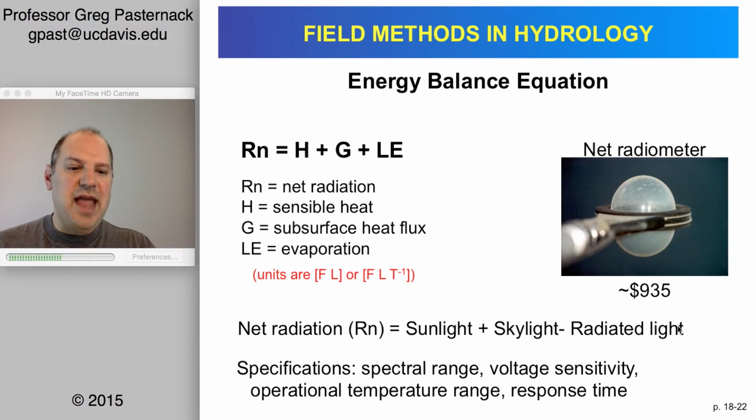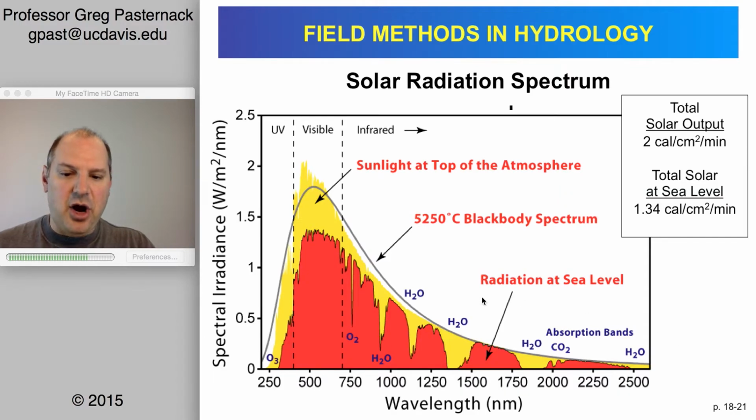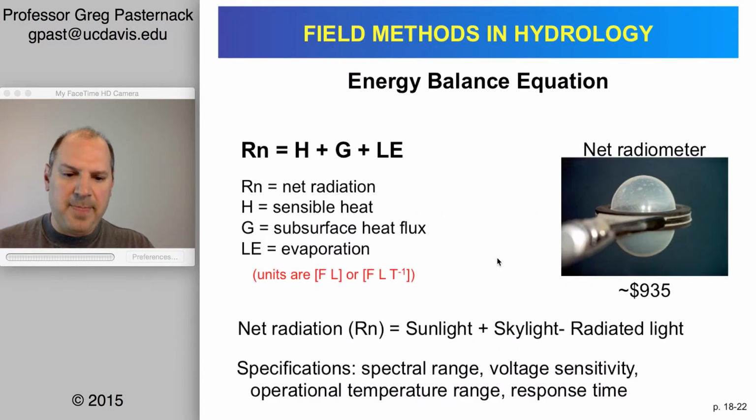When you're considering net radiometers, some things to think about are, what is the range of wavelengths that it's actually recording? Do you need to go high up into these infrared wavelengths or into the UV, or is it mostly giving you the visible wavelengths? So that's something to be aware of. What is the sensor doing? There's also the voltage sensitivity.